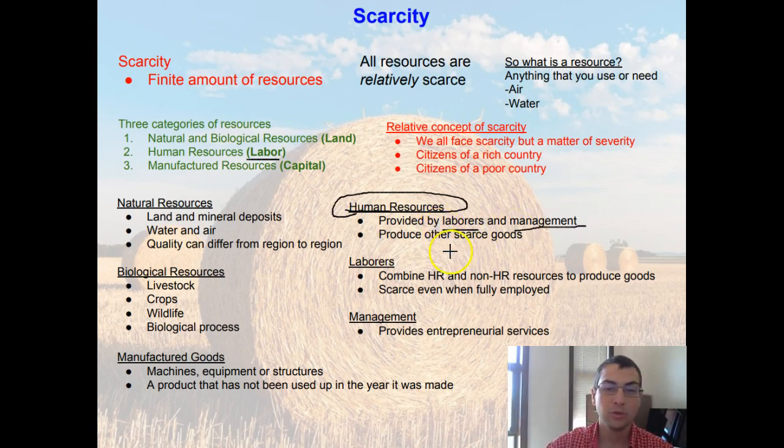And you use human resources along with other goods to produce other scarce goods. So what are laborers? Laborers are those that combine their labor and non-human resources, or other inputs that do not include their labor, to produce goods. So think about, say, a farmhand or a ranch hand.